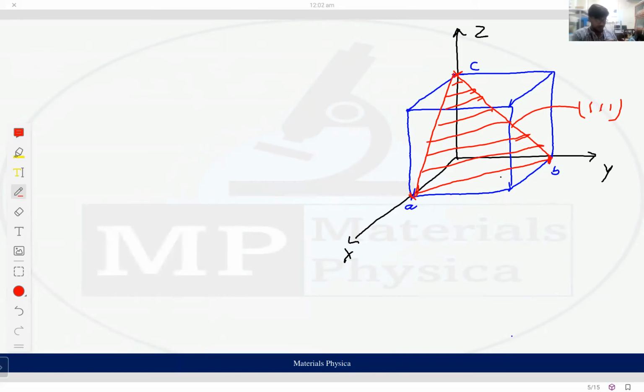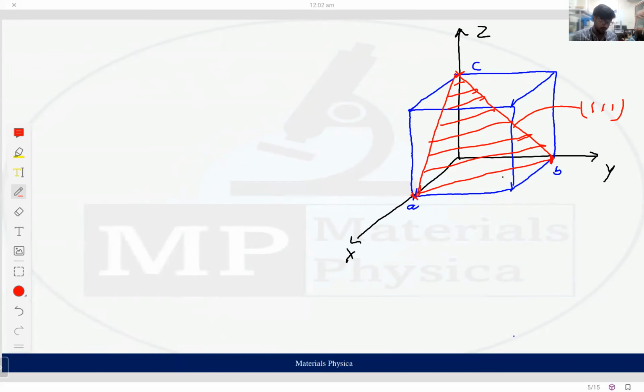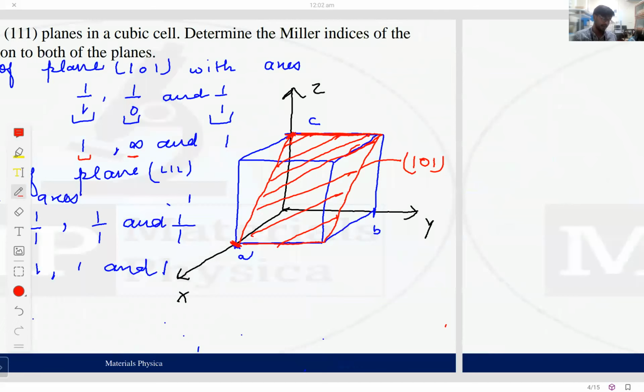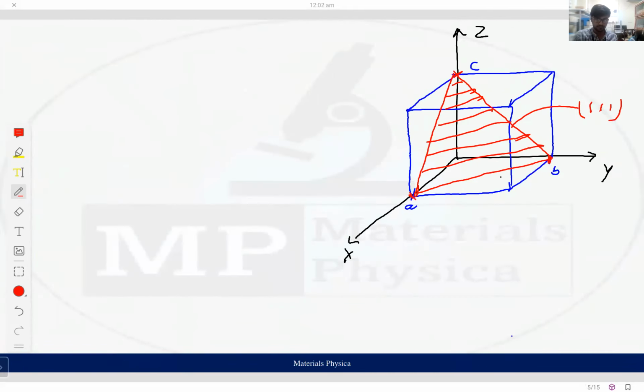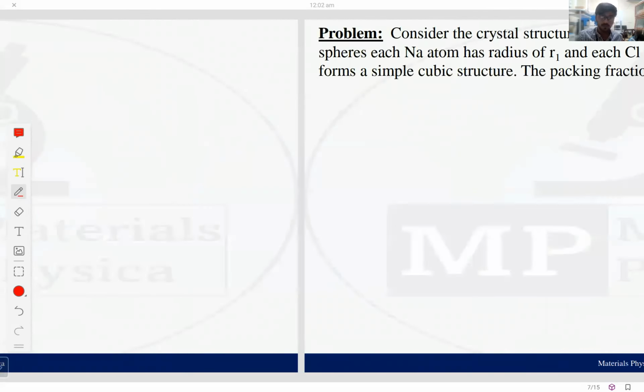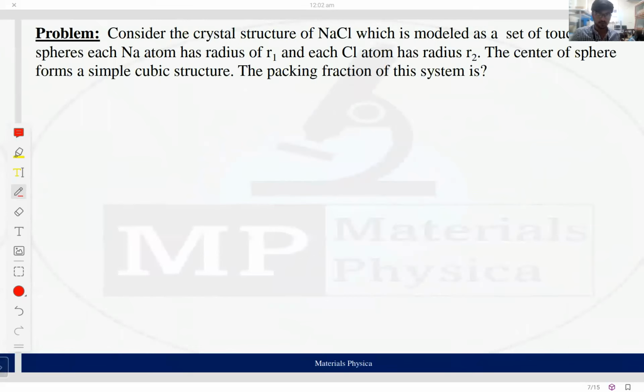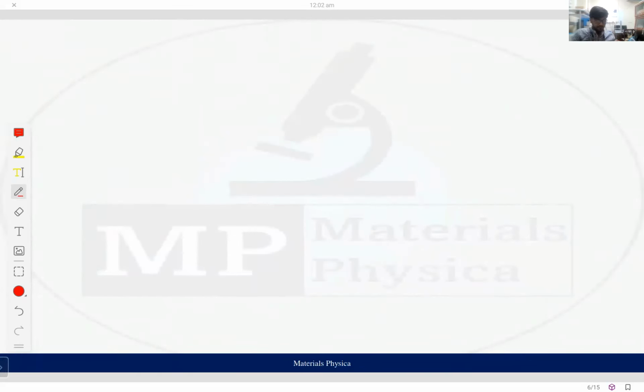Now, the second part of this question is to determine the Miller indices of the direction which are common to both of the planes. For that, we have to know a law which is called the Weiss zone law.